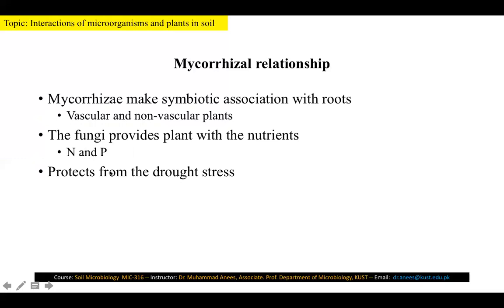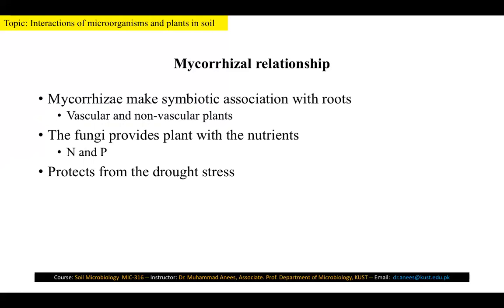While it also protects plants from the drought stress, because it increases the rooting area, root zone of the plant. So it can get more water for the plants. So it can protect plants from the drought stress.